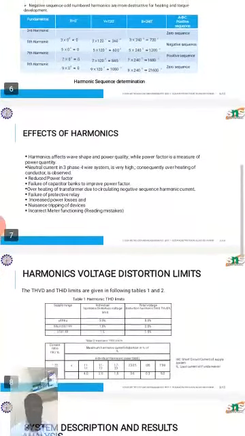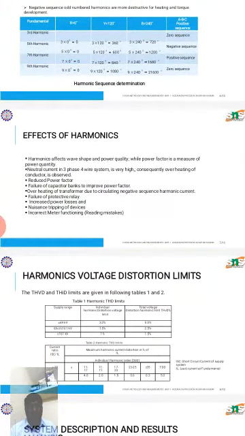Effects of harmonics. Harmonics affect wave shape and power quality, while power factor is a measure of power quantity. Next one, neutral current in a three-phase four-wire system is very high. Consequently, overheating of conductor is observed.